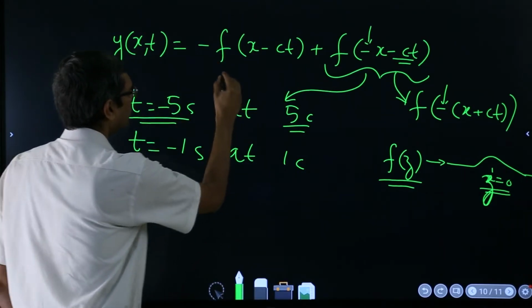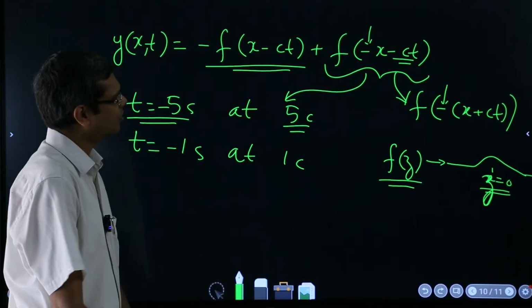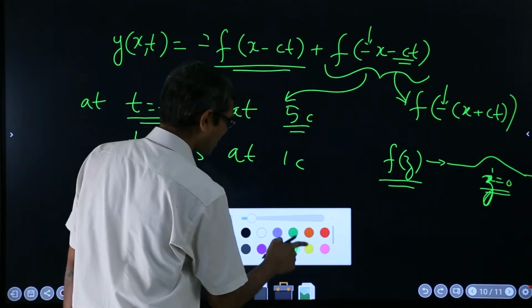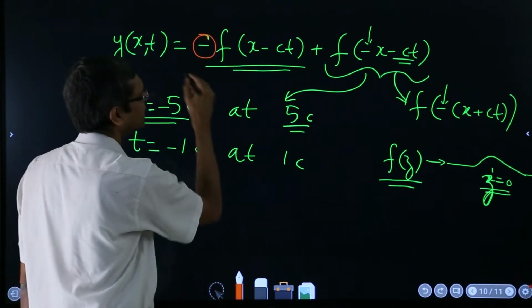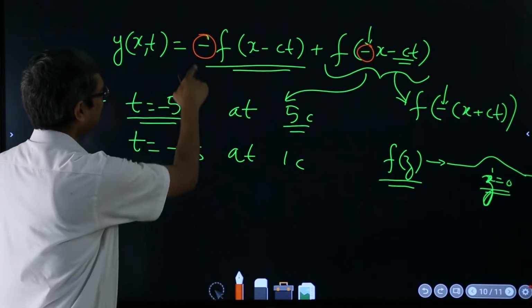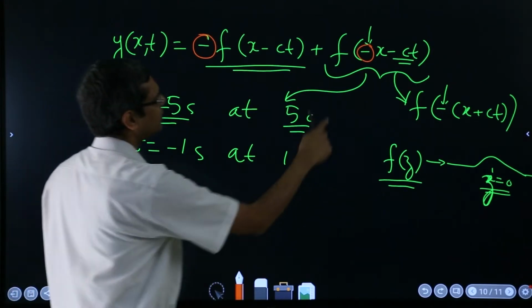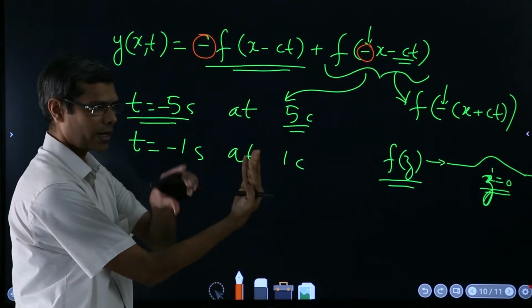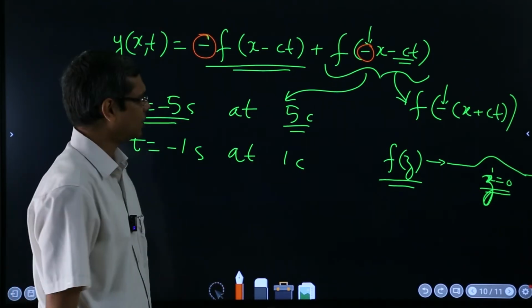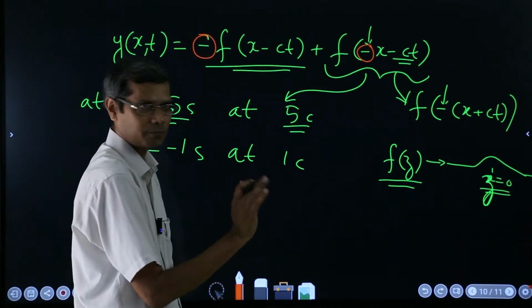This moves rightward, but can you imagine what this minus is doing and what that minus is doing? This minus flips about the x-axis, this minus flips about the y-axis, right?